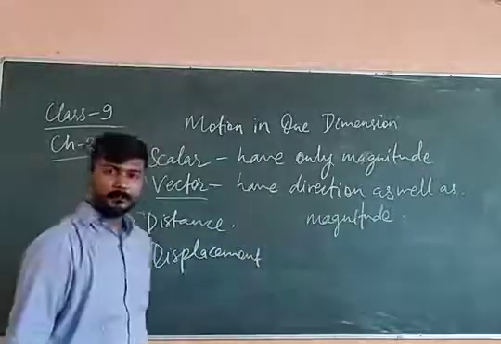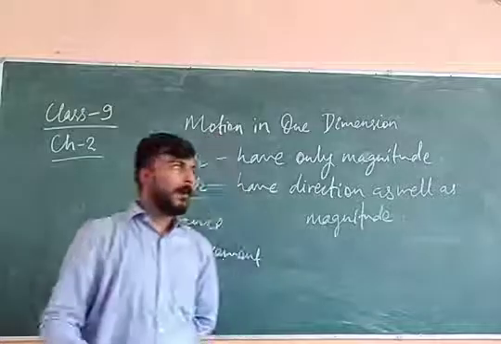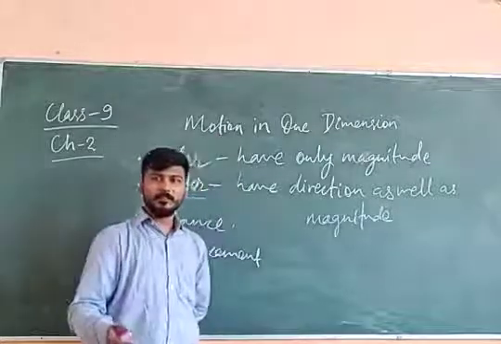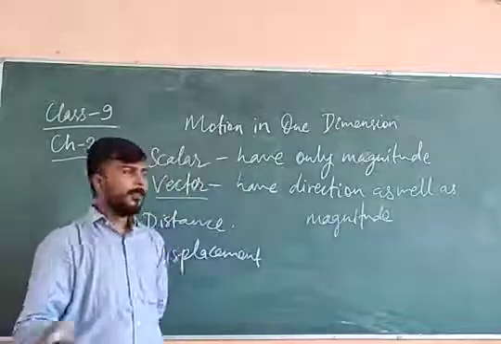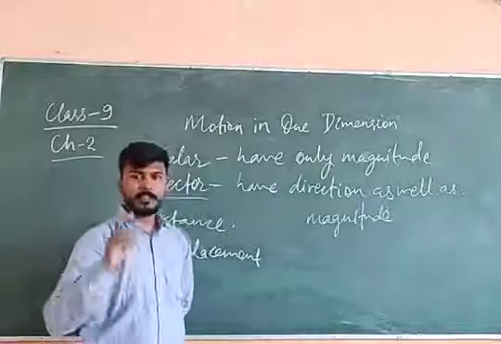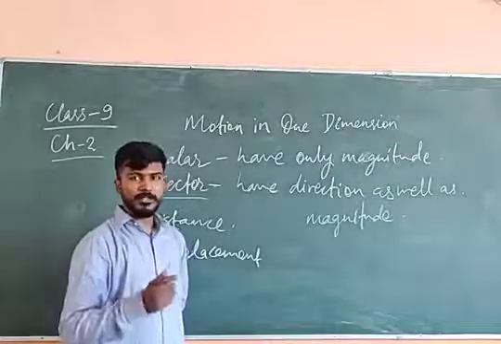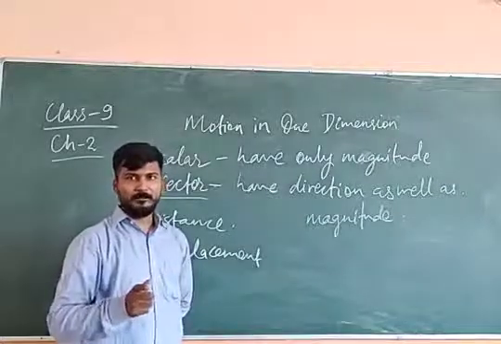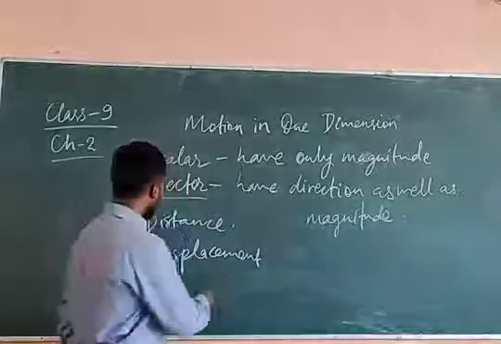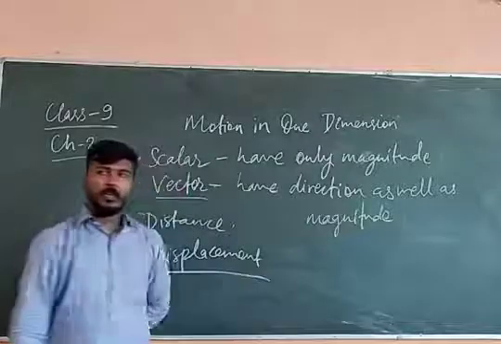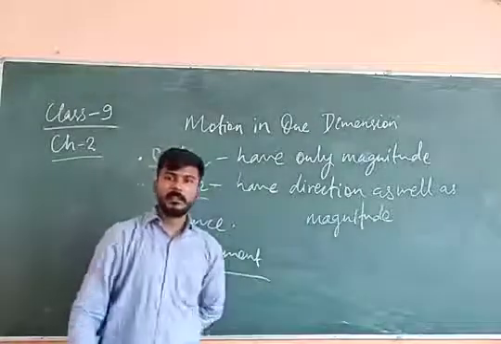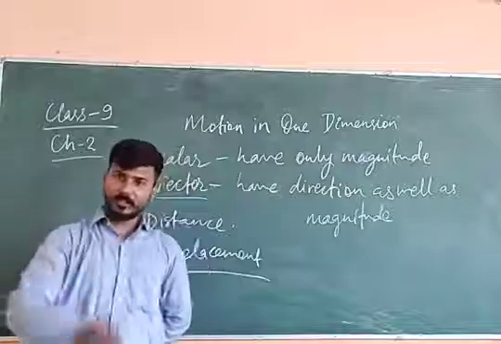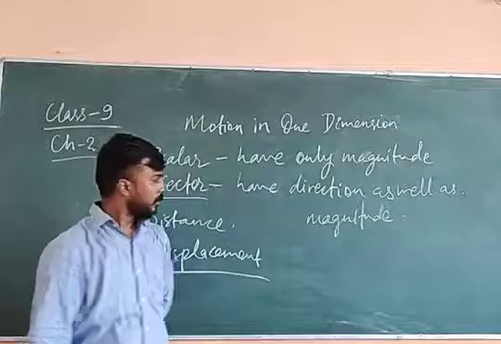Distance is the path traveled by a body. Means the actual path covered by your body is known as distance. But displacement is the shortest path traveled by your body from initial to final position.